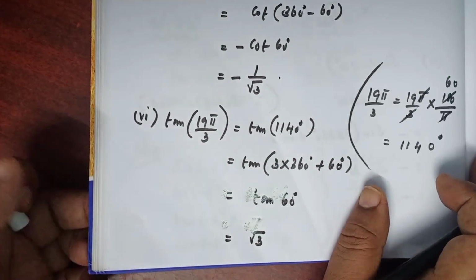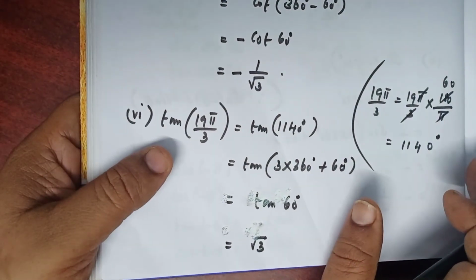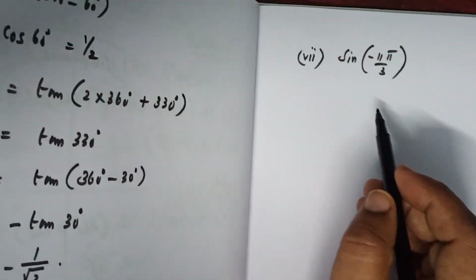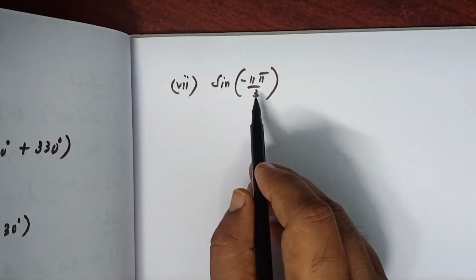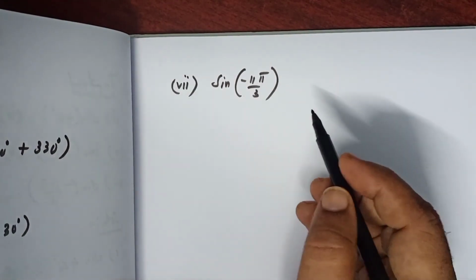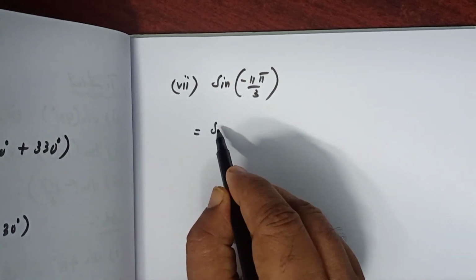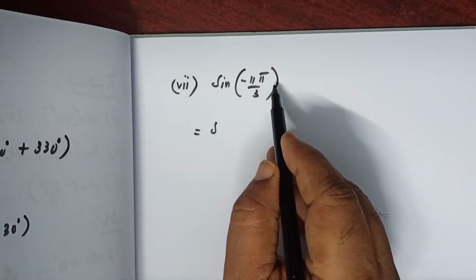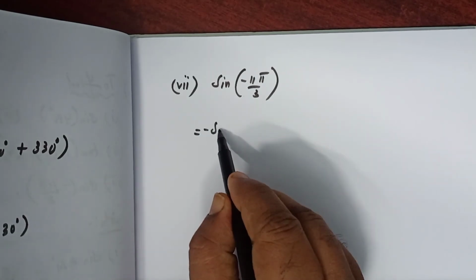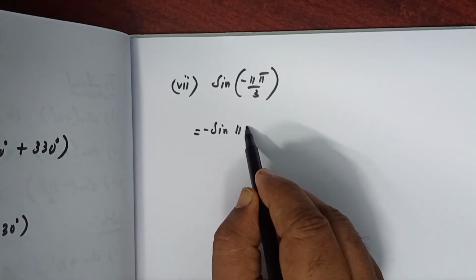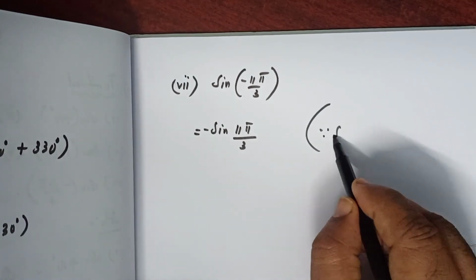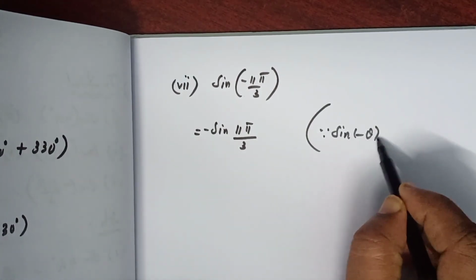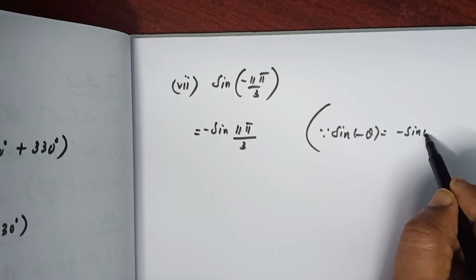Now subdivision number 7. Subdivision number 7, sine of minus 11 pi by 3. We can change the radian into degrees first. Before that, sine of minus theta is equal to minus sine theta, so minus sine 11 pi by 3. Right, the reason: sine of minus theta is equal to minus sine theta.